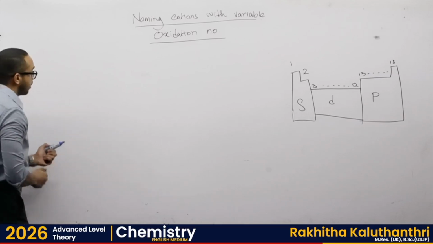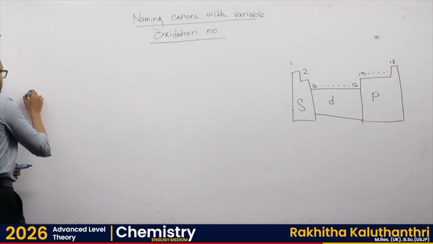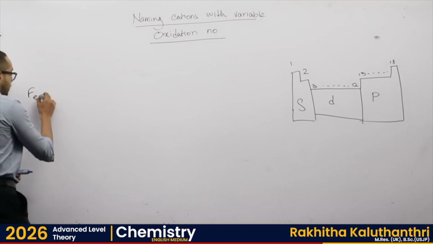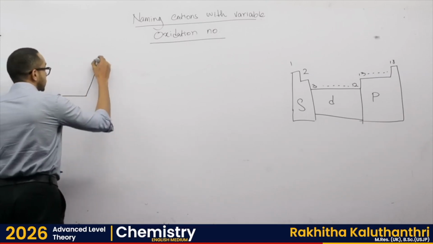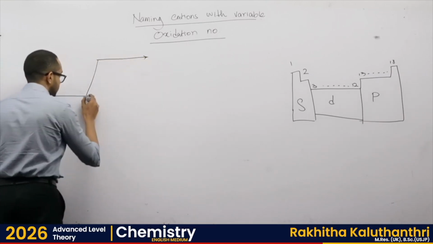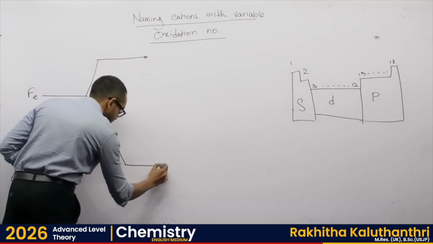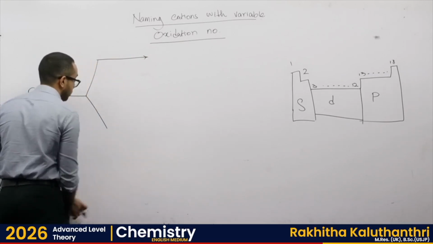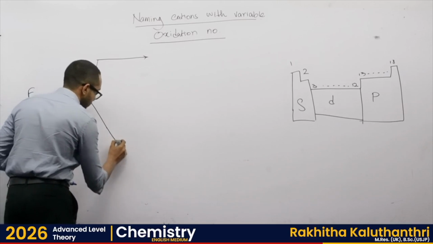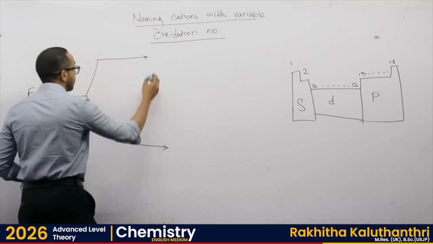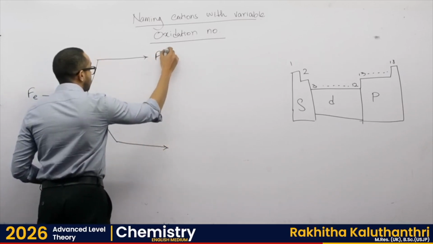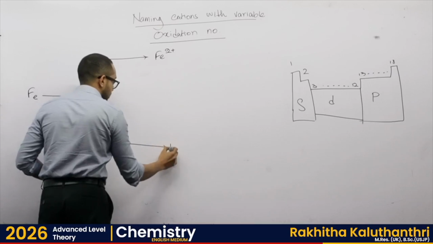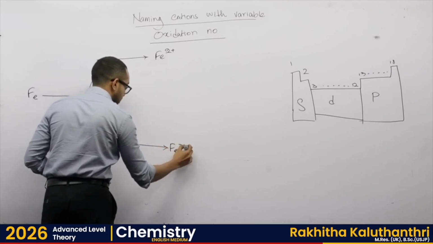So if I write iron, it can form two different ions. We have Fe2 plus, Fe3 plus.